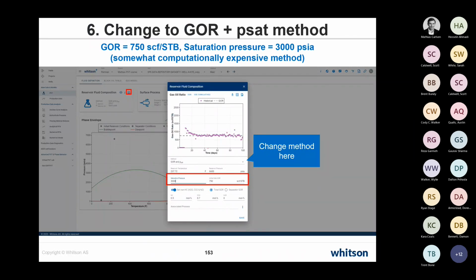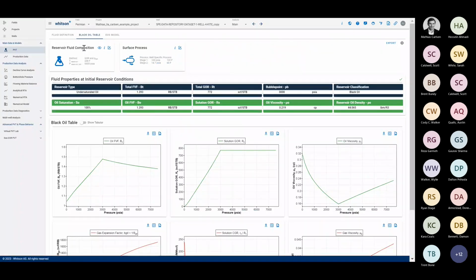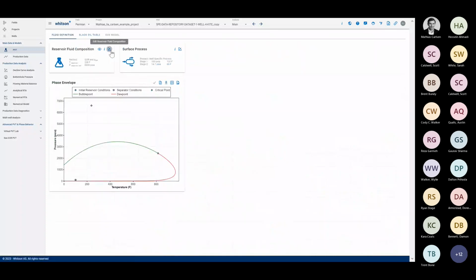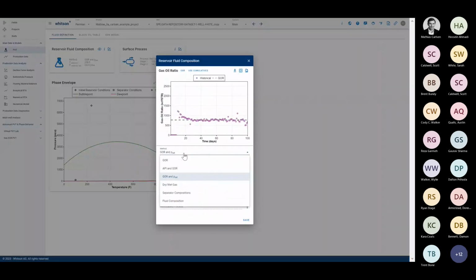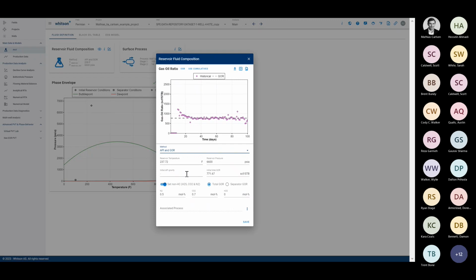A question we get many times here is, should I use the GOR and API method? In the beginning, I was a big advocate for using the API and GOR method if you had a liquid API number. The problem in practice is that the liquid API numbers you get from the field are typically very uncertain, and typically they are produced through a very different process than your total GOR number that comes from production data.